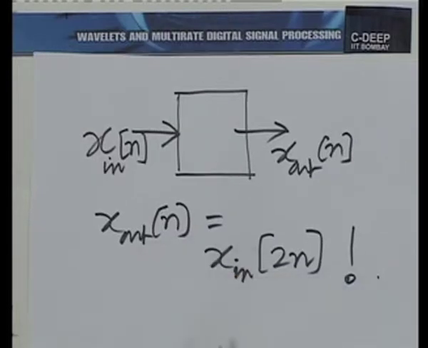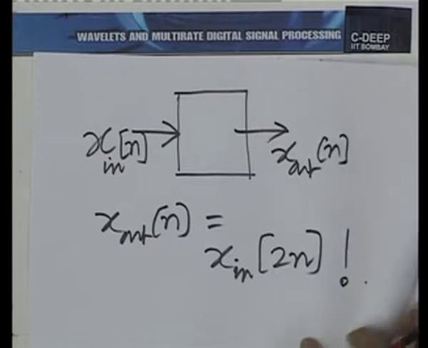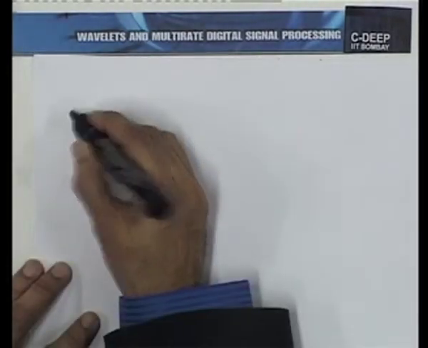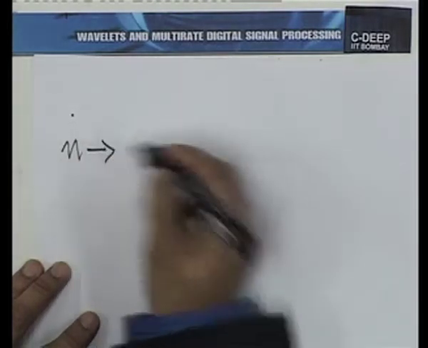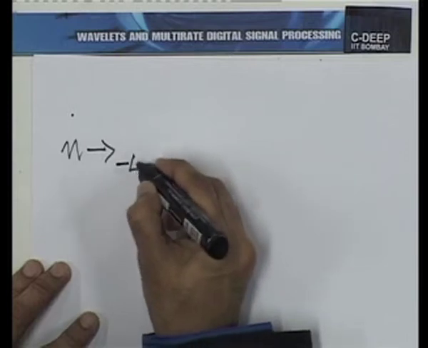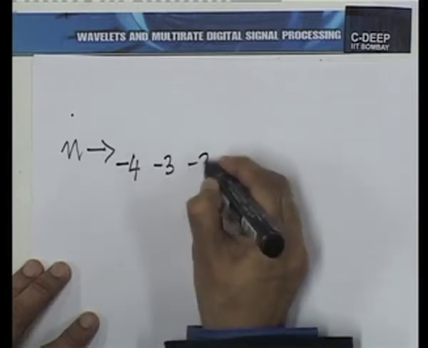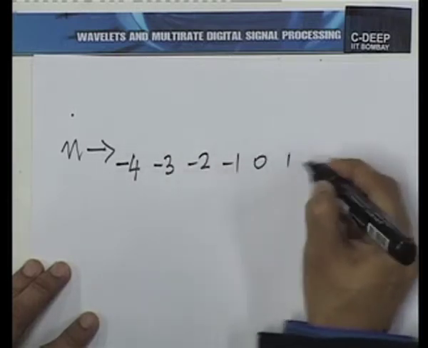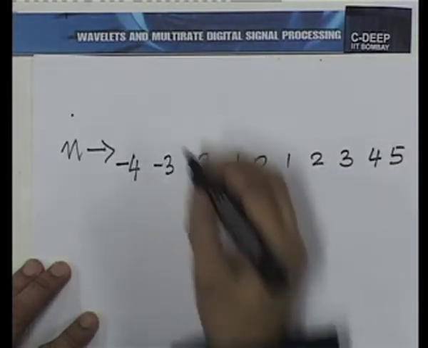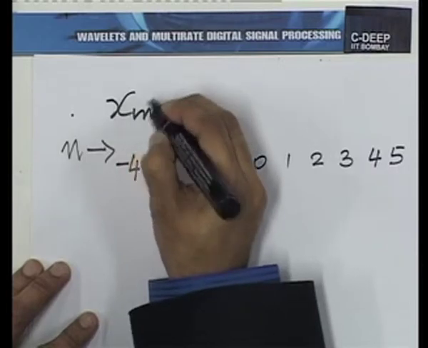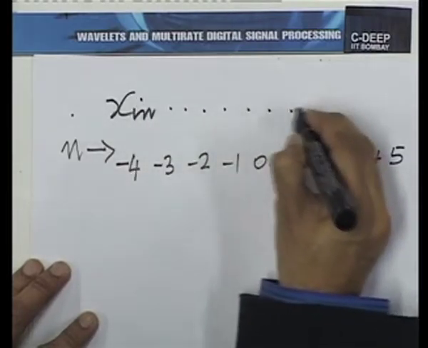Let us interpret this system. What we are saying is x in at n. So, let us write down n, minus 4, minus 3, minus 2, minus 1, 0, 1, 2, 3, 4 and so on, and the sequence x in here put at these points.